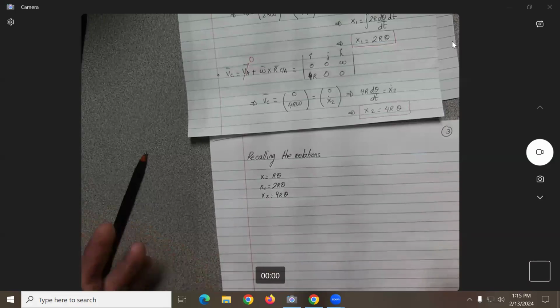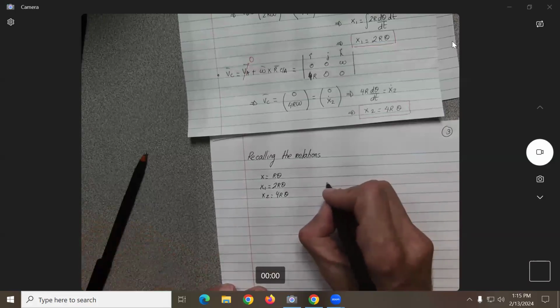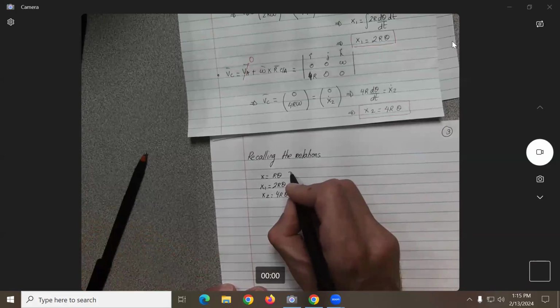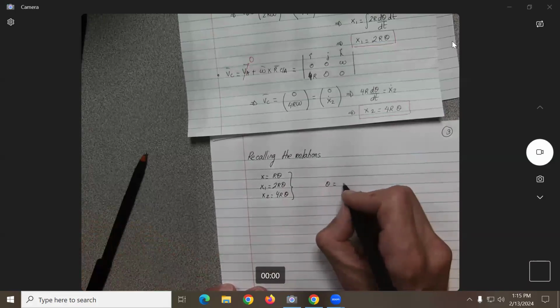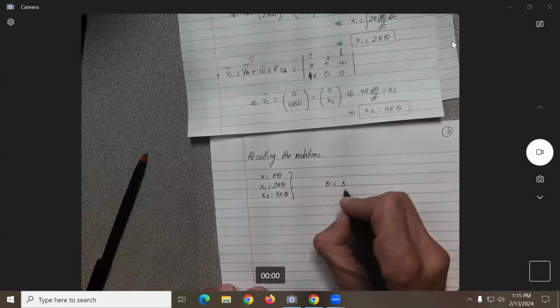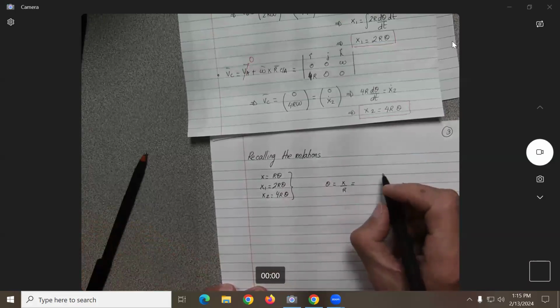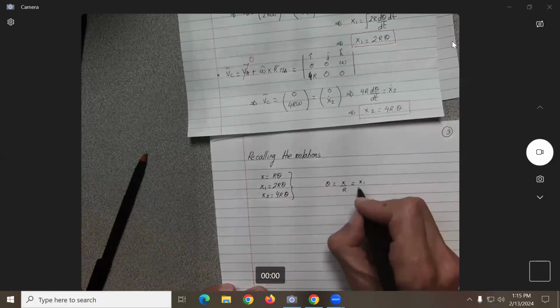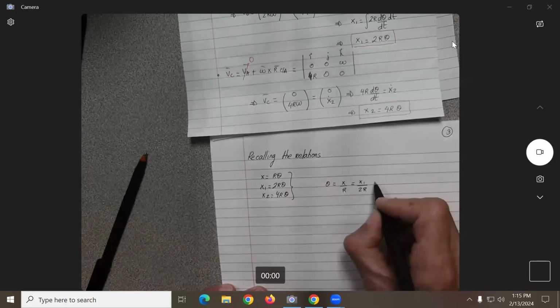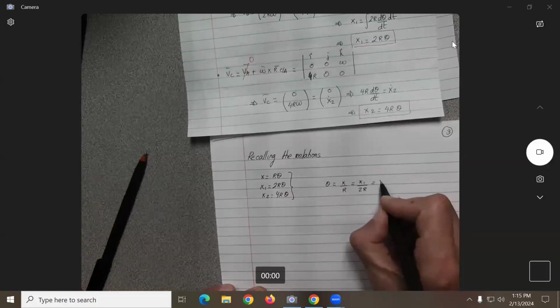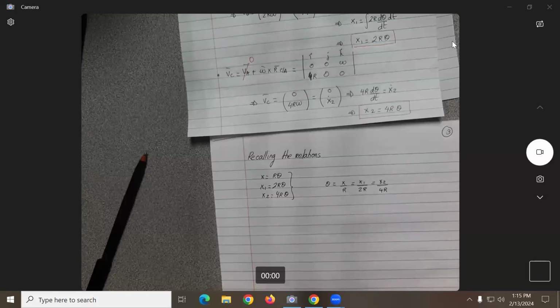Okay, but now we need to do something different. Using these three relations, we could write in function of theta. Theta would be equal to what? x over r, which will also be equal to what? x1 over 2r, which should also be equal to what? x2 over 4r, no?